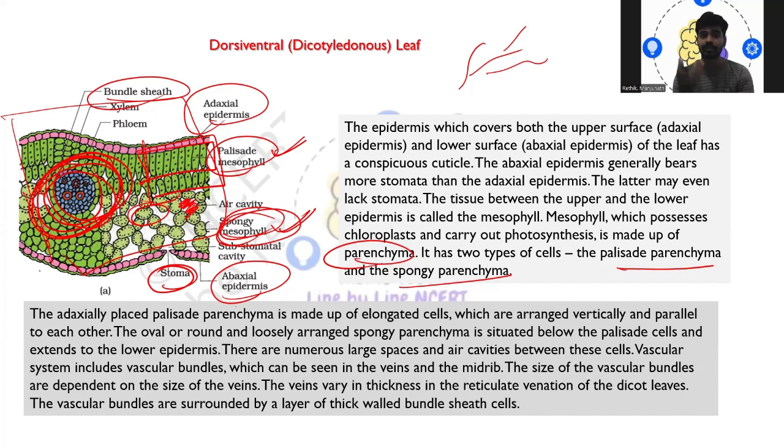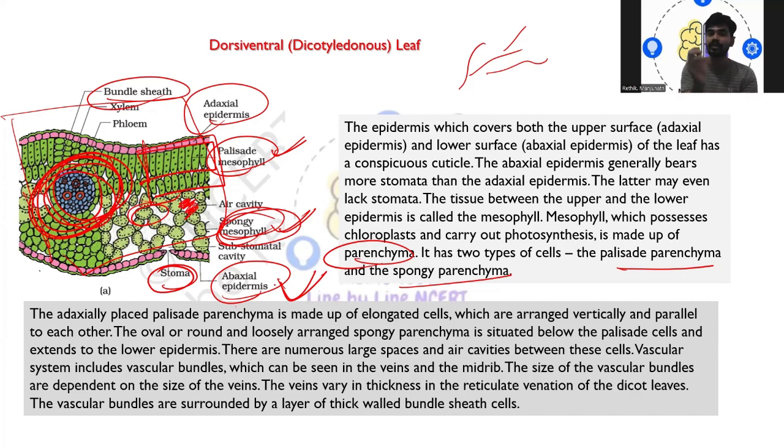Say, what is the major function of adaxial epidermis? It is on the upper surface, and the abaxial epidermis is on the lower surface, and you are going to see more stomata in the abaxial epidermis, that is the lower surface of the leaf, when compared to the adaxial epidermis.